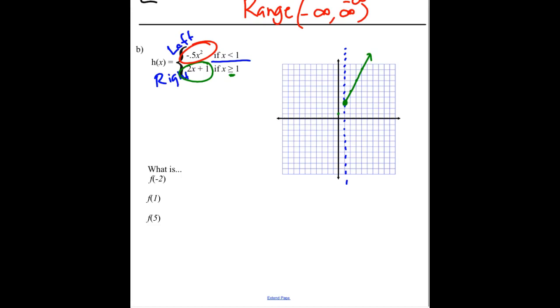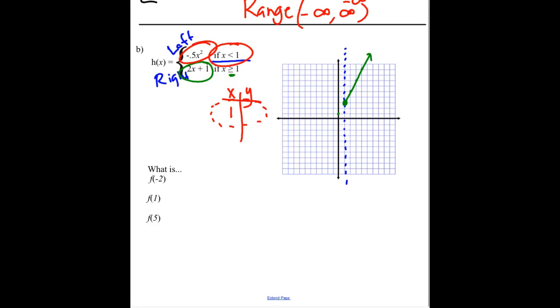Okay. To draw this, you can certainly draw your parent function and then transform it, or you can just pick some values for x. If you're going to pick some values for x, we need x values that are less than 1. However, I am going to put a 1 in. And do what you need to do to indicate, maybe put a little dotted circle around that.